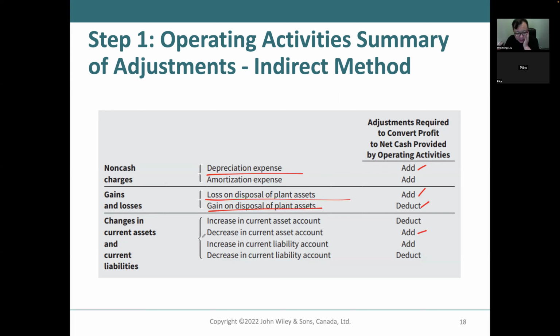Then add decrease in current asset, add increase in current liability, deduct increase in current asset, deduct decrease in current liability. This one is important. If you don't know, maybe you have to write this down in your notes for the final exam. When you practice more questions using the assignment, and when I explain using my examples in class, it should be more clear.